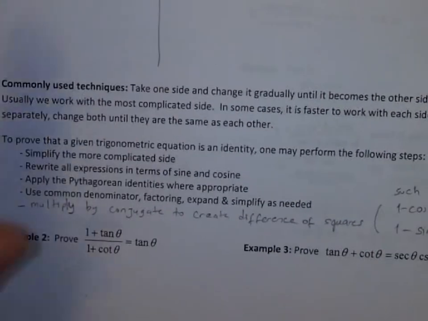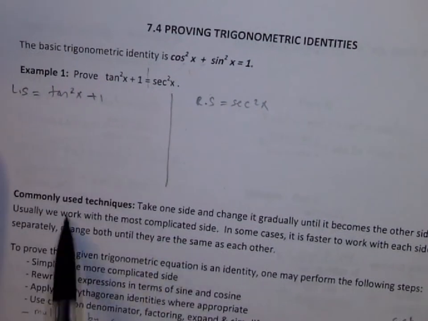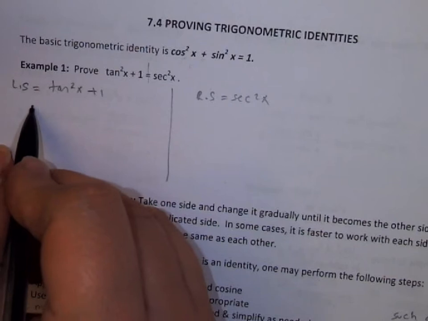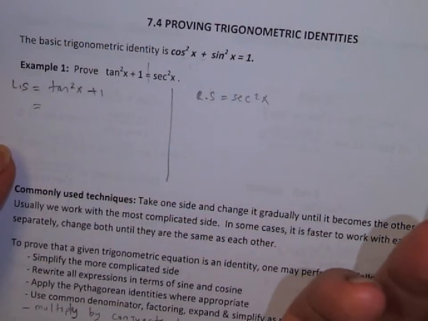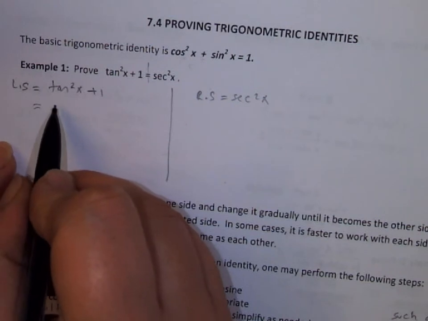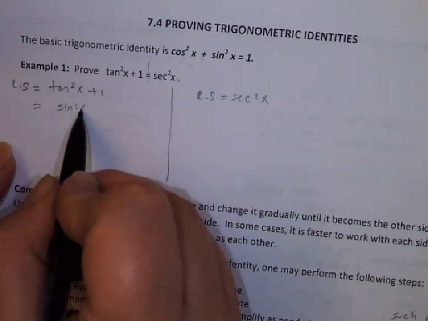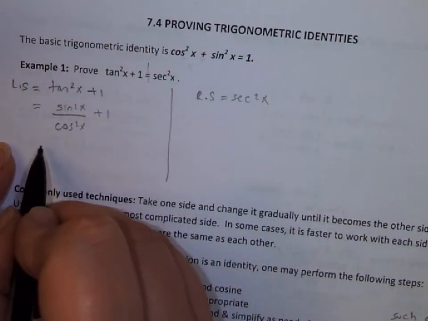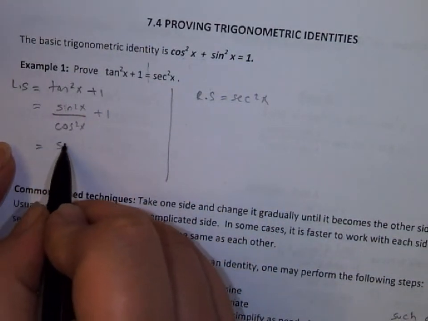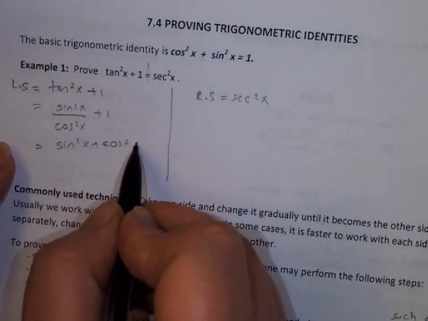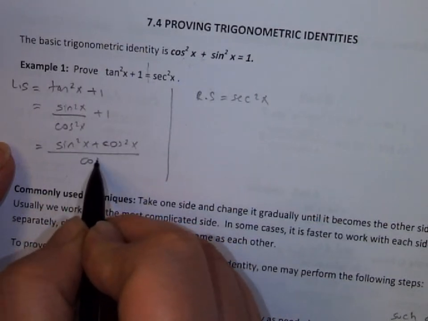Having said that, we looked at commonly used techniques. What should we do here? Write everything in terms of sine and cosine. That's one method, right? So we can replace tangent square x by sine square x over cos square x, and then have a common denominator. So you get sine square x plus cos square x over cos square x.